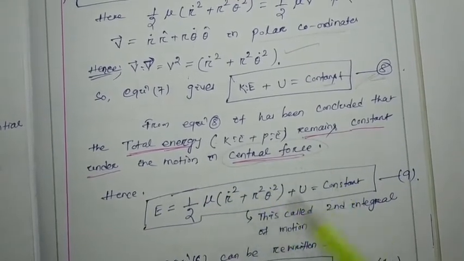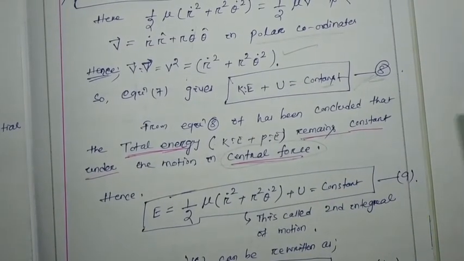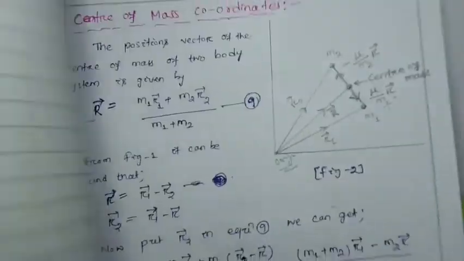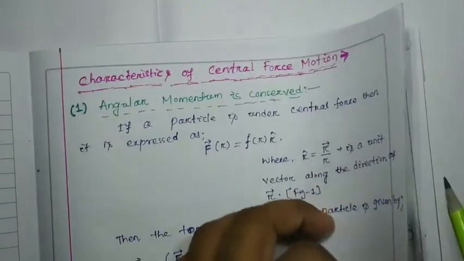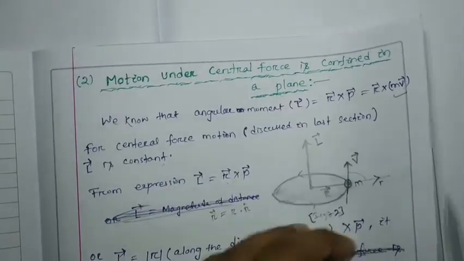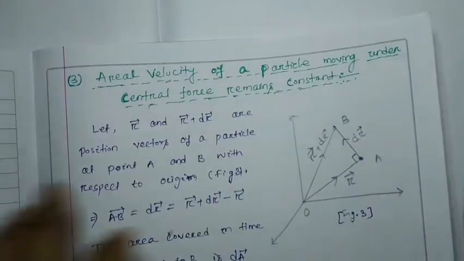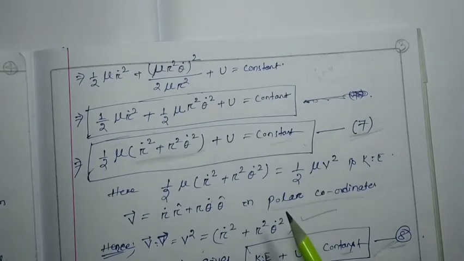This is another characteristic, you can say. We studied 3 characteristics, remember: angular momentum has to be conserved, motion has to be confined in the plane, and areal velocity has to be constant in case of central force motion, the so-called characteristics.